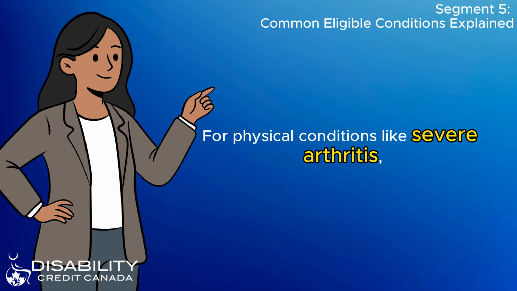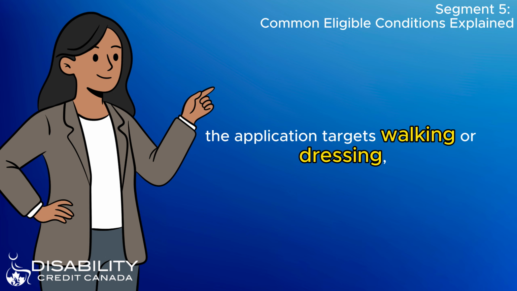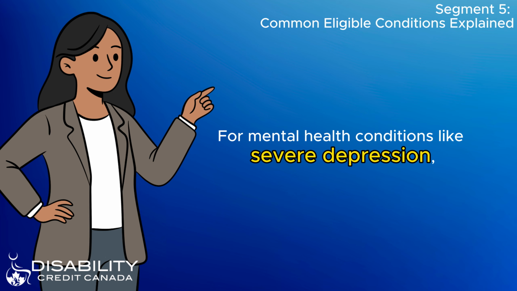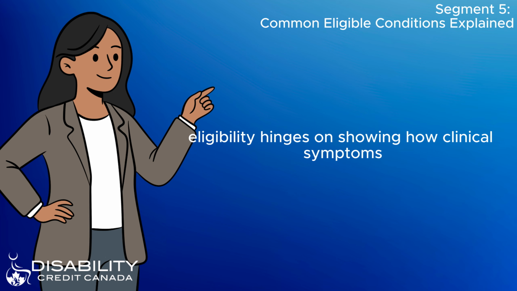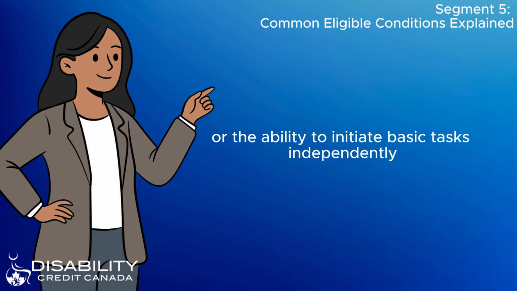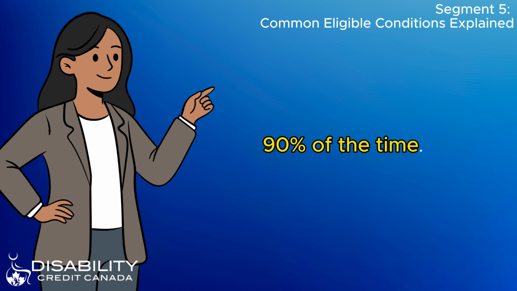For physical conditions like severe arthritis, the application targets walking or dressing, showing how joint degradation physically slows down the mechanics of movement. For mental health conditions like severe depression, eligibility hinges on showing how clinical symptoms systematically impair cognitive memory, social interaction management, or the ability to initiate basic tasks independently 90% of the time.